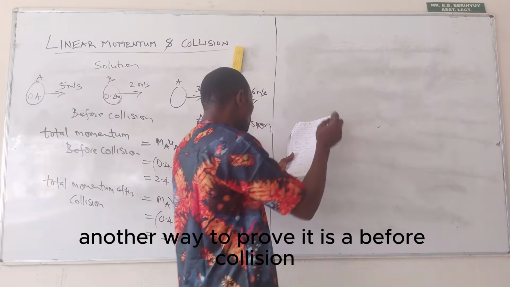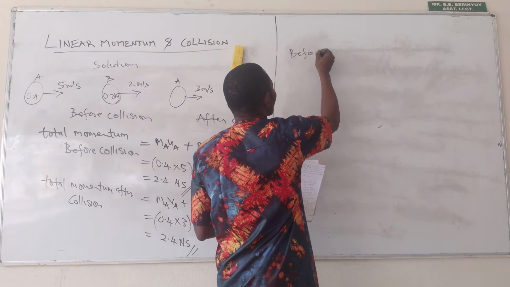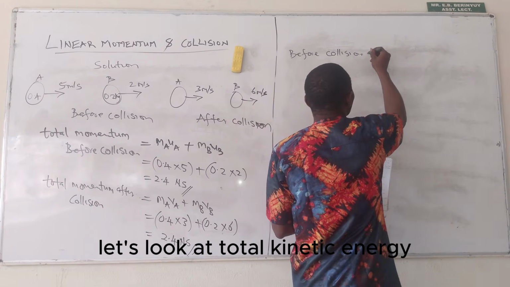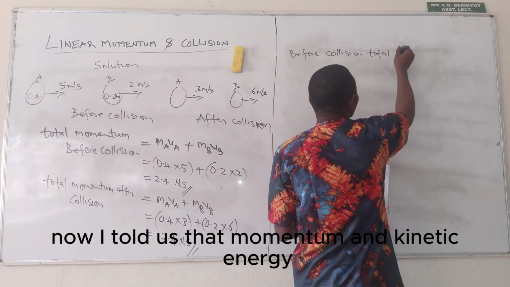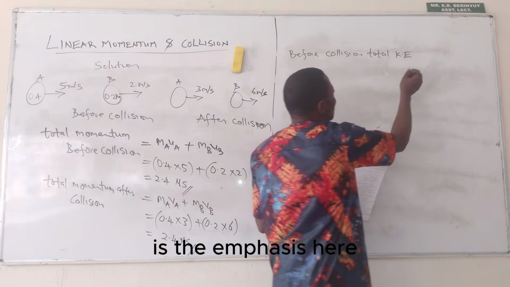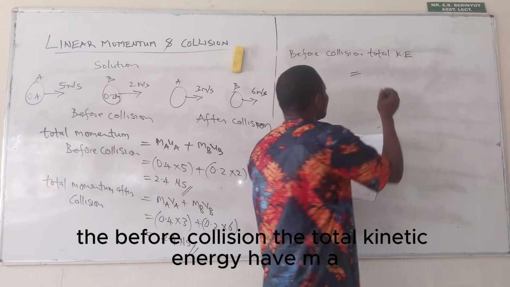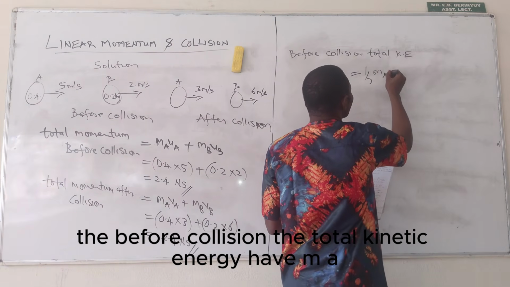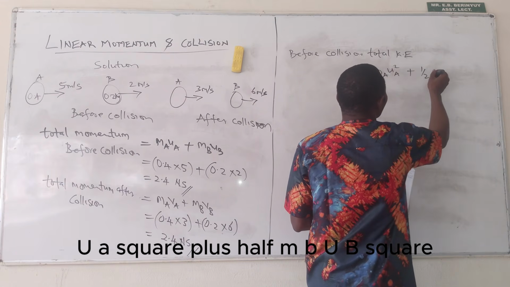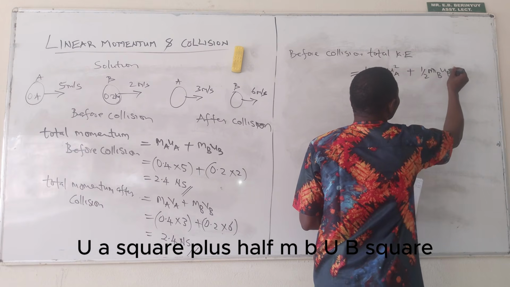Okay, another way to prove it is, before collision, let's look at total kinetic energy now. I told us that momentum and kinetic energy is the emphasis here. Before collision, the total kinetic energy is half MA UA square plus half MB UB square.